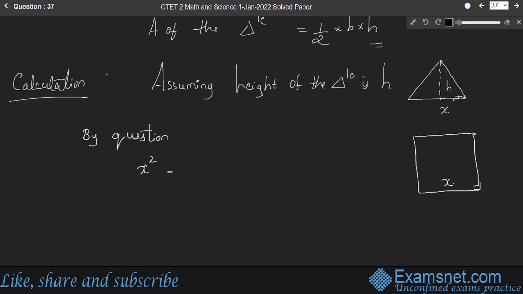X square is equal to 2 times area of triangle. That is 2 times half into base into height. Right? What is base here? 2 into half into x into height. X square is x into h.